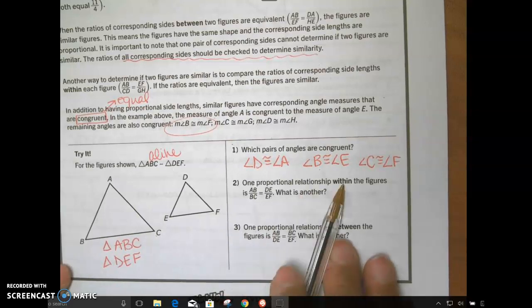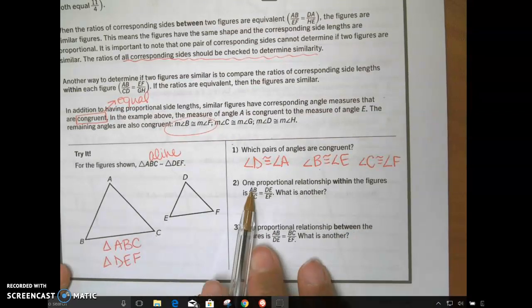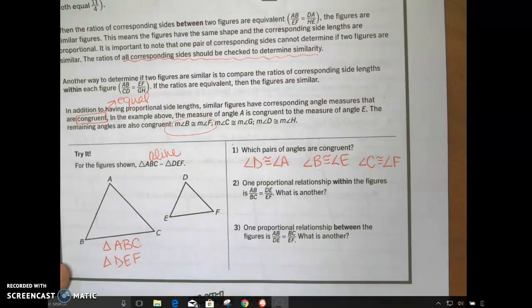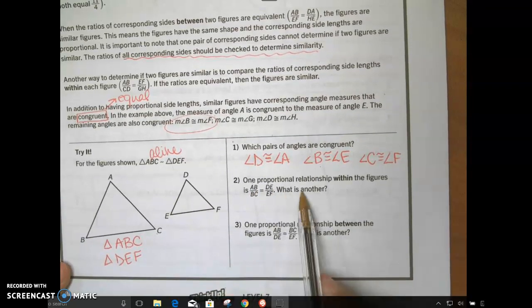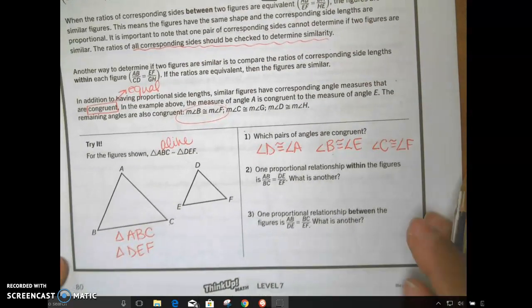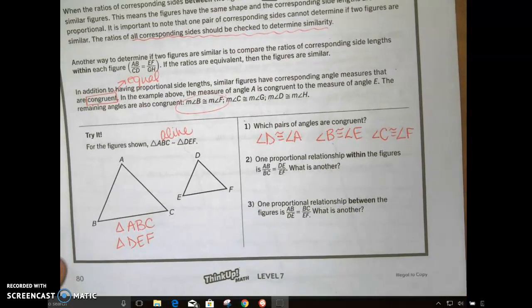One proportional relationship within the figures is AB is to BC as DE is to EF. What is another? I need another ratio or proportion. AB is to DE.